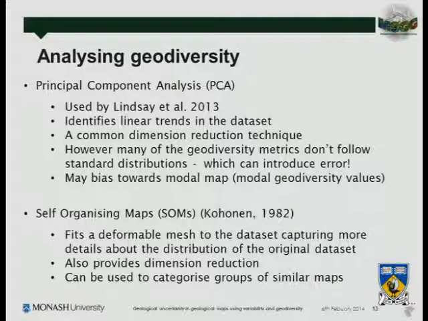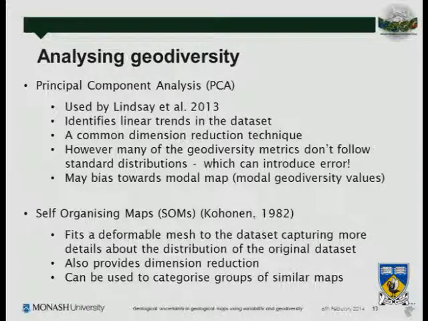I won't go into too much detail about what it is, but I've actually chosen to use self-organising maps, which is what Tom showed you before, for a couple of reasons. They handle data sets that aren't normally distributed better, so if they're a bit random, and they also allow for more metrics to be used.